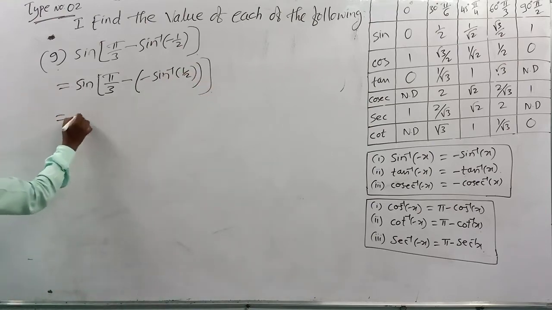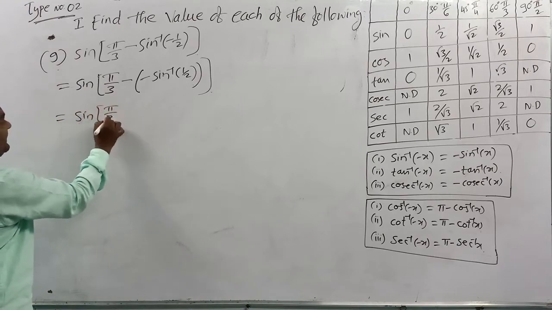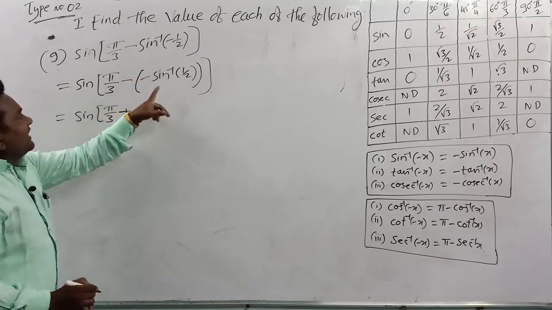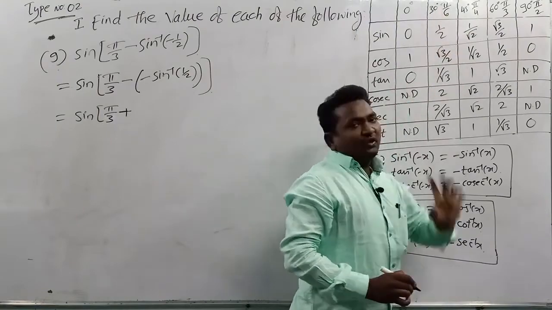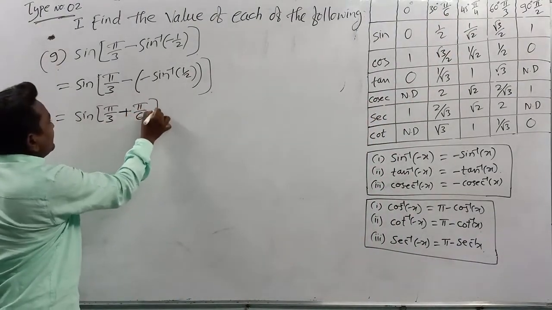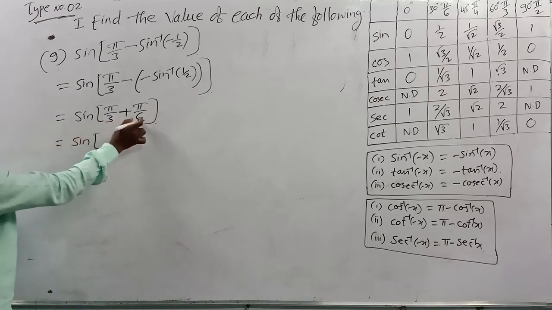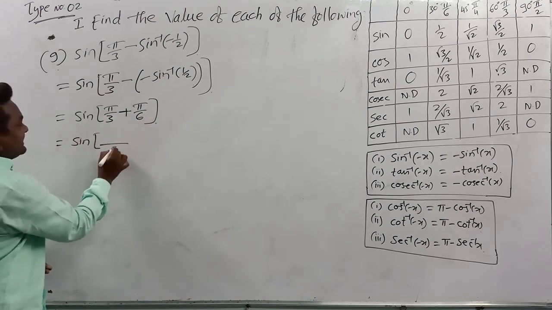Further simplify: sin of pi by 3 keep as it is there only, minus, remove this bracket, minus into minus is plus, sin inverse 1 by 2, which is equal to pi by 6. Again simplify, sine function keep as it is. So take the LCM in the denominator. Its LCM is 6.